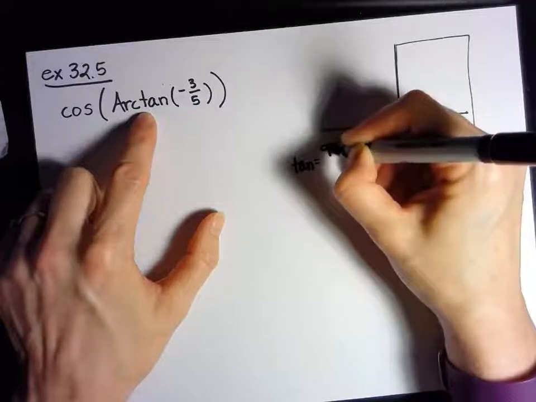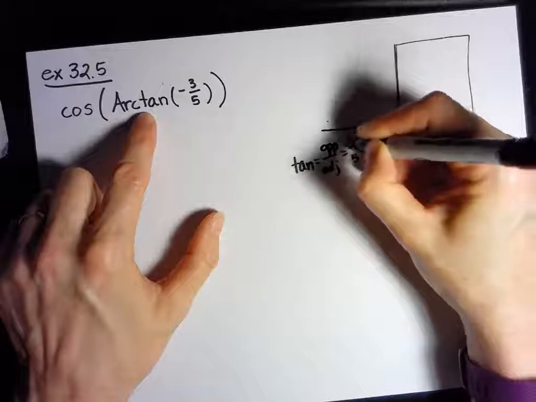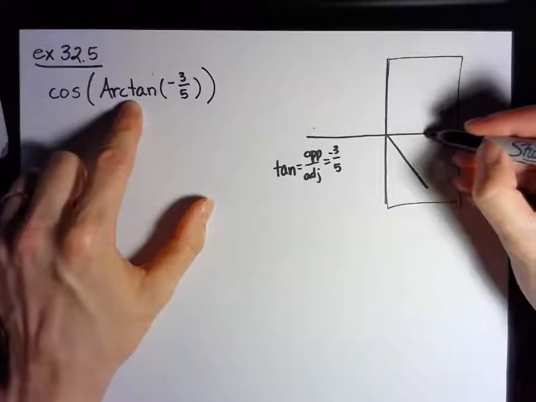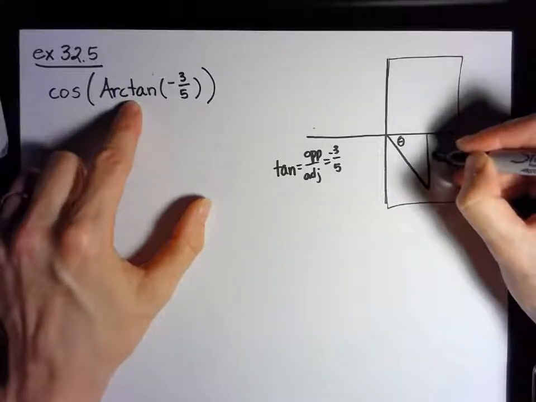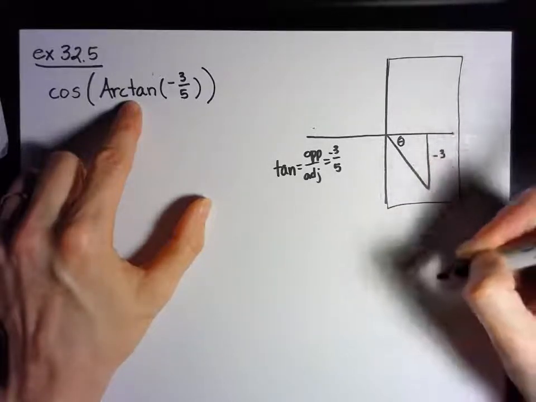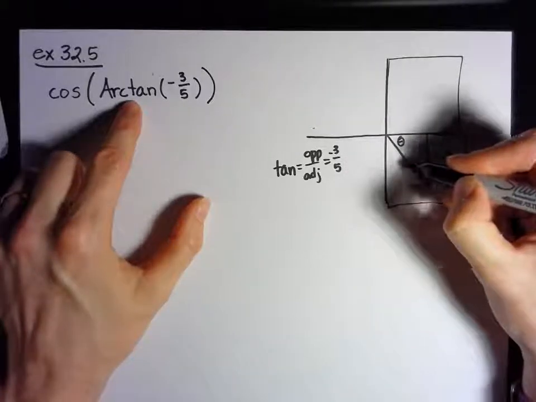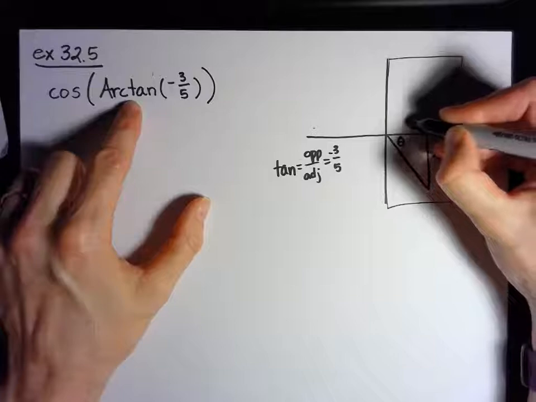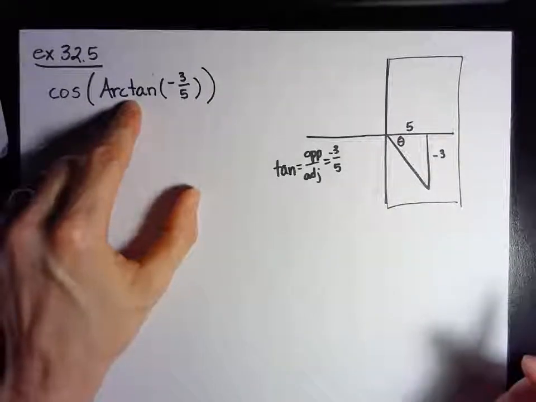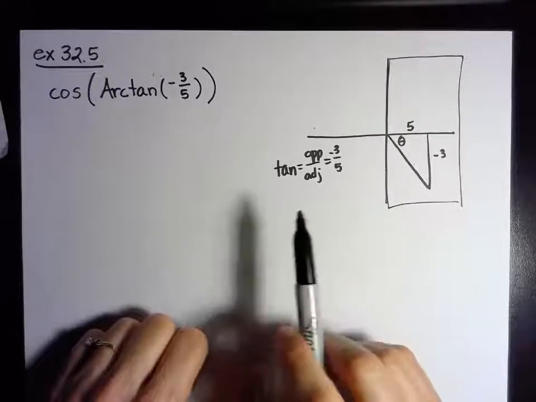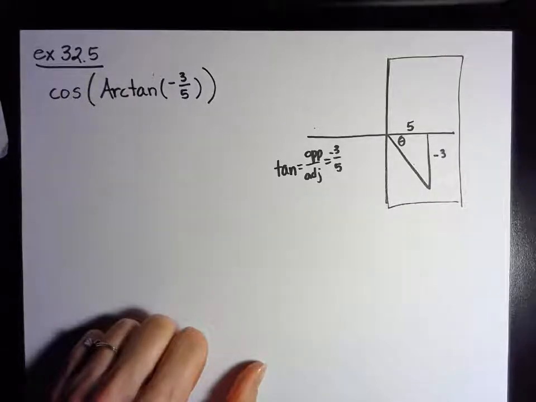The tangent is opposite over adjacent, which is -3/5. So that means the value of the opposite had to be -3, and the adjacent had to be 5. This is not a scale picture. How long must the hypotenuse have been?